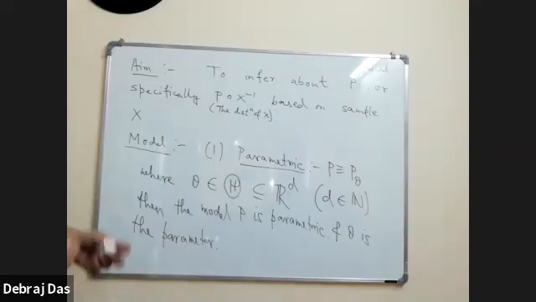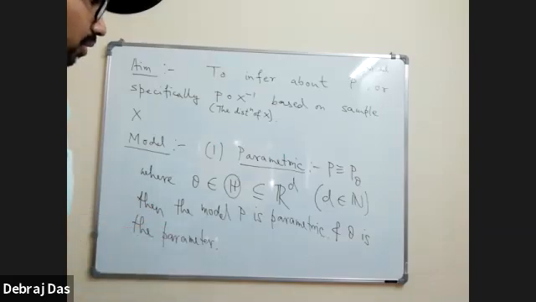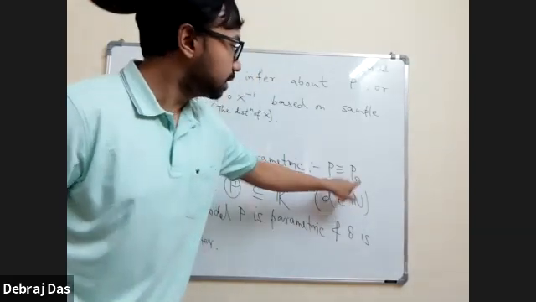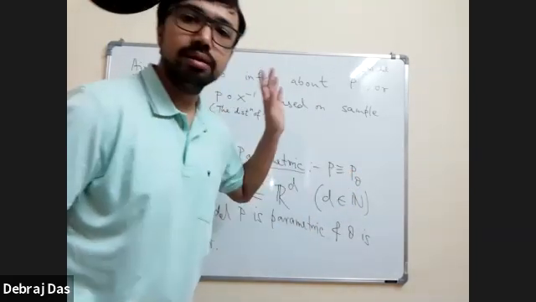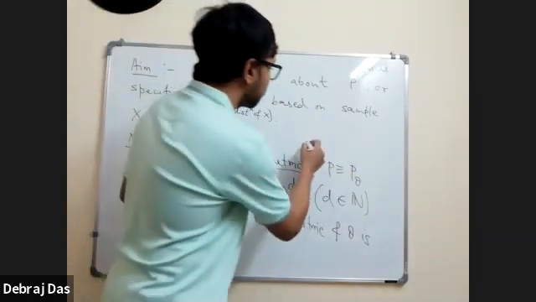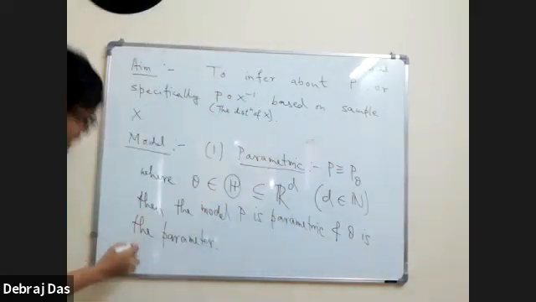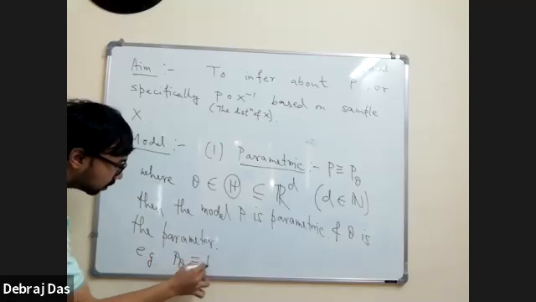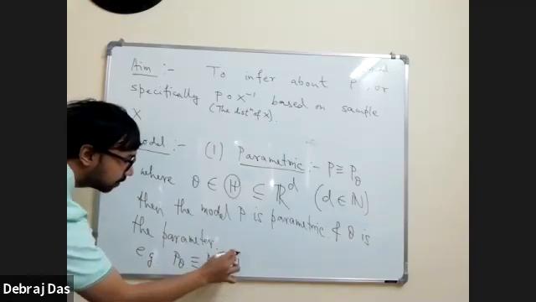So any question? Okay. Sir, what does it mean when P is similar to P theta? How is it defined? Similar means P is same as P theta, where theta is characterizing the probability measure P. That's it. So for example, this P theta may be normal with mean theta, variance 1.